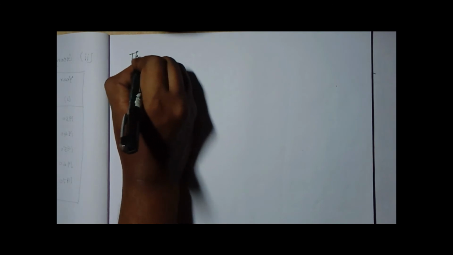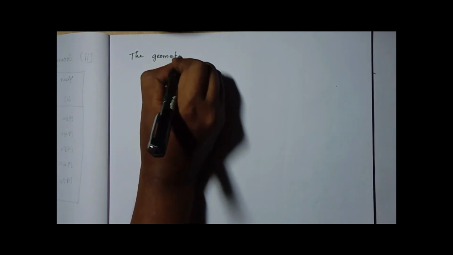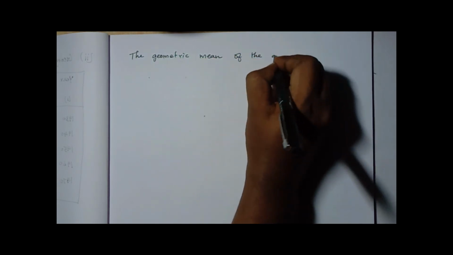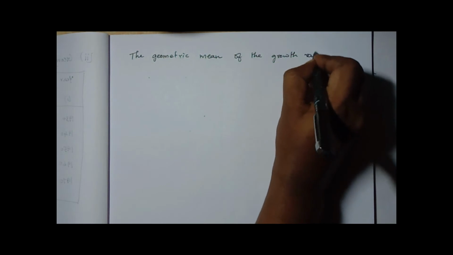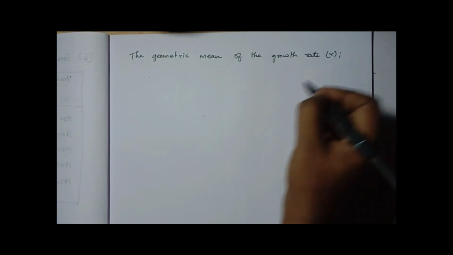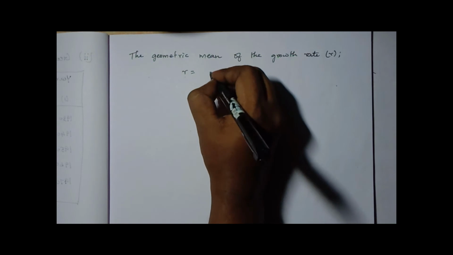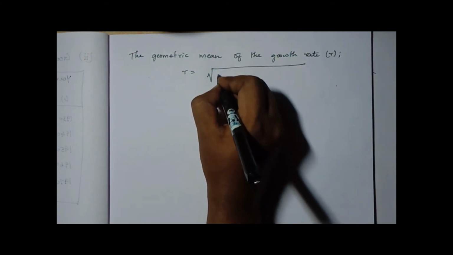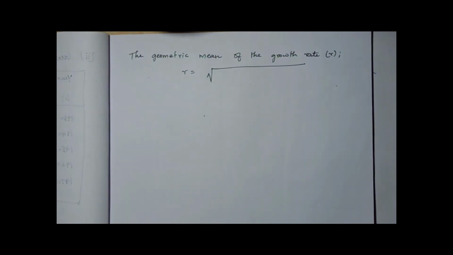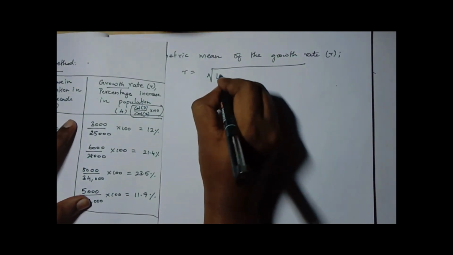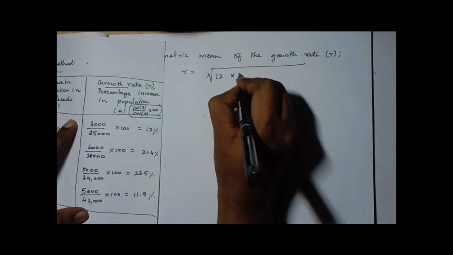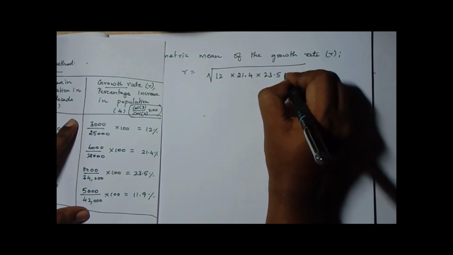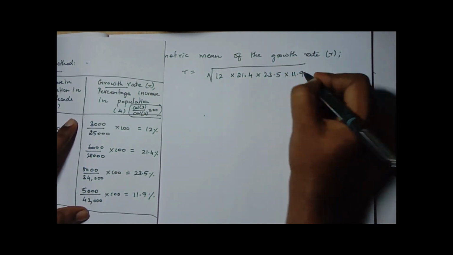So the geometric mean of the growth rate R is equal to the 4th root of, say we have found the percentages, which is nothing but 12% into 21.4% into 23.5% into 11.9%.